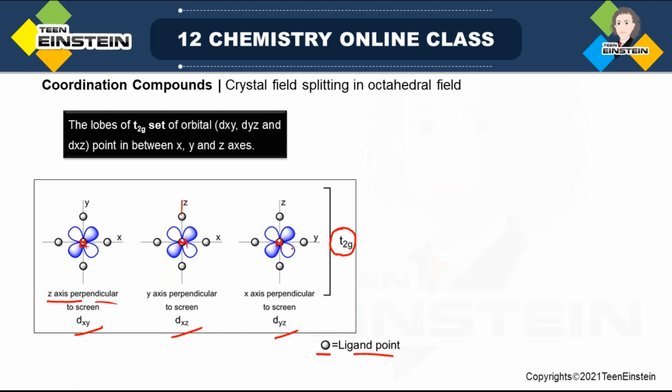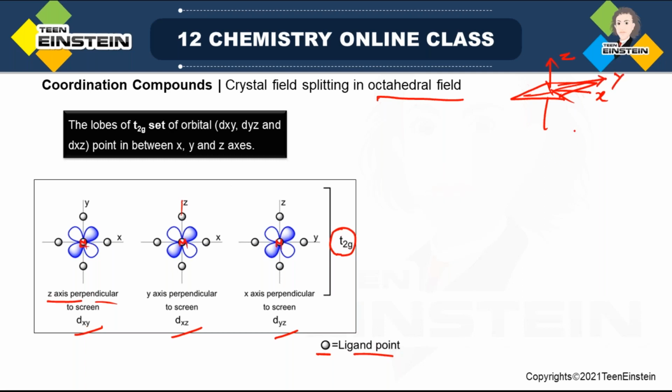Okay. And as we are considering crystal field splitting in octahedral field, try to remember the geometry. Here we have a square plane and two more ligands like this. Now basically here you can consider as if this axis is z, another axis is x, another one is y.